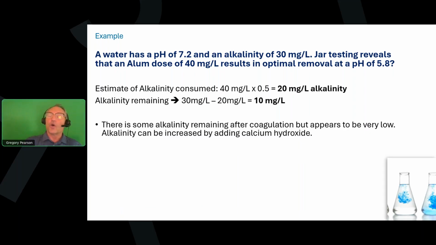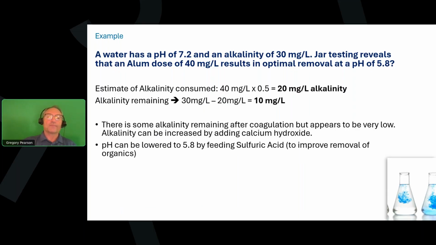If the pH drops below the working range of the coagulant, the coagulation can stop working, and the particles can actually redissolve and come apart. So we'd probably have to add some kind of alkalinity like calcium hydroxide. If we needed to lower the pH down to 5.8, we'd need to add sulfuric acid or some other acid to improve the removal of those organics through charge neutralization.